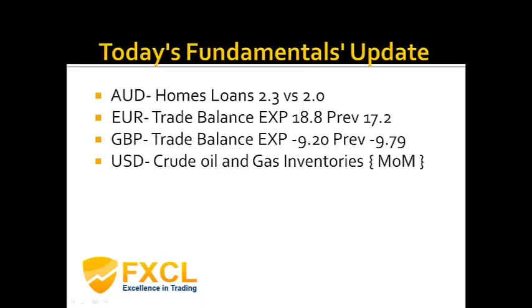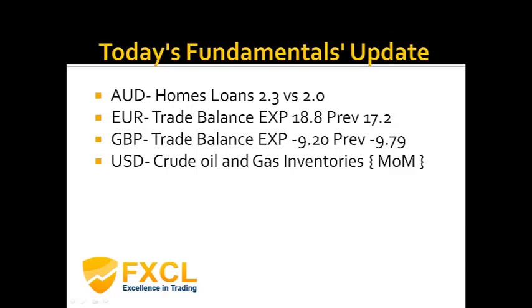Let us first take a look at today's fundamentals update. Today we have out of the Aussie, home loans that came out at 2.3 versus 2.0. That was a positive number. Today in the European session, we have the Euro's trade balance. It's expected at 18.8 versus previous 17.2.